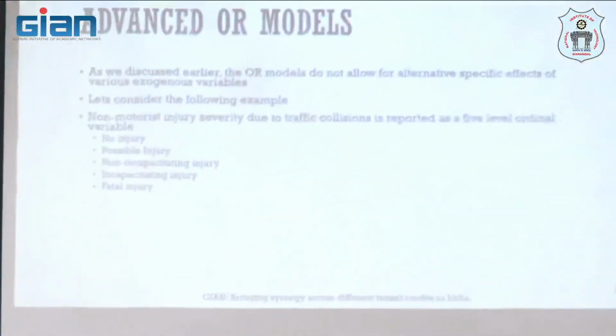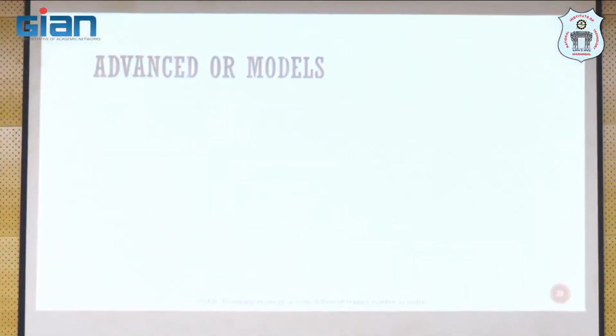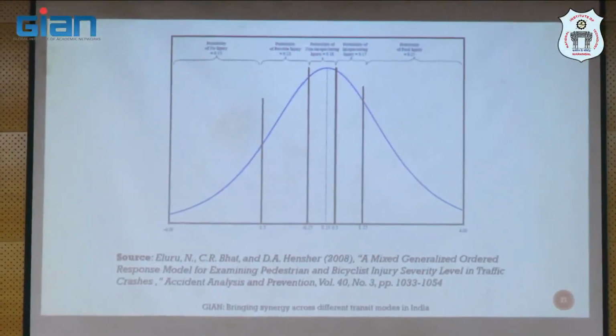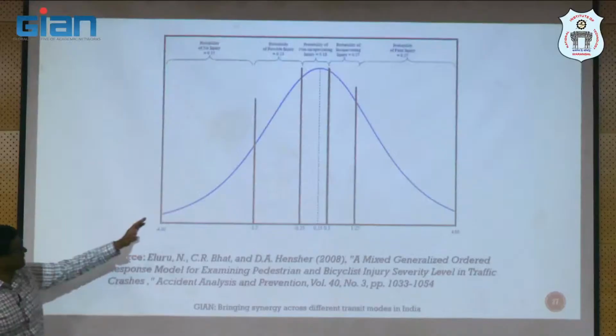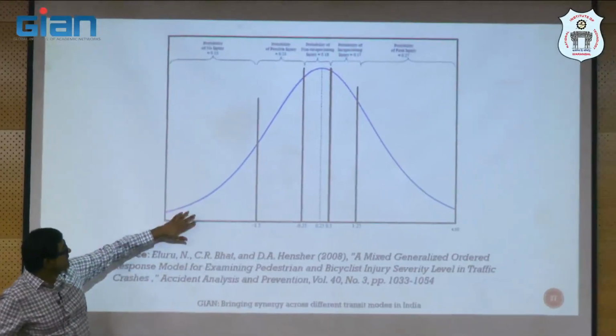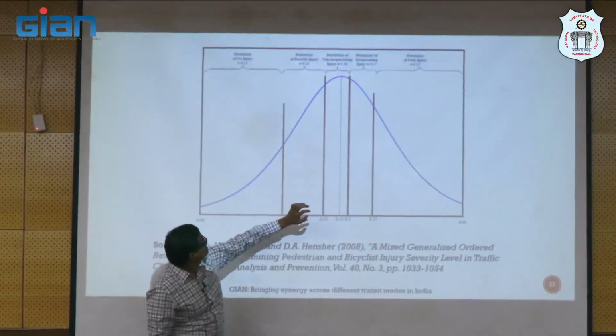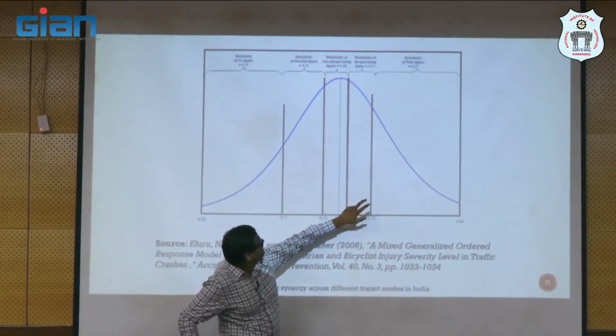Okay. So now I'll quickly talk about the mixed logit equivalent in the ordered space. So we can have ordered models. We talked about an ordered response model. Let me show the figure. If you have an ordered model like this, you have 5 alternatives. Here these are injury severity alternatives: no injury, possible injury, non-incapacitating, incapacitating, and fatal.